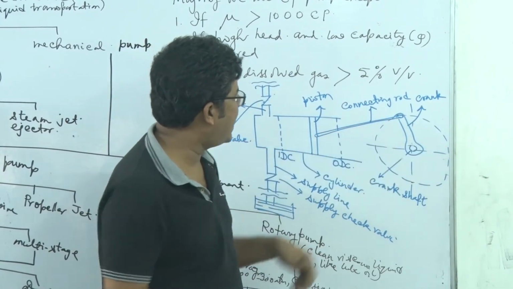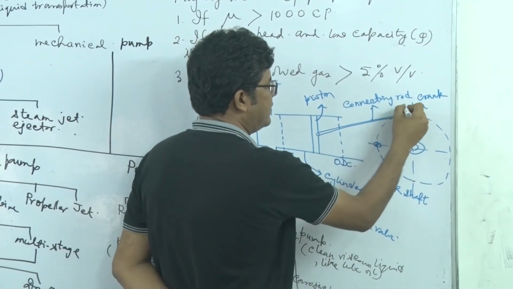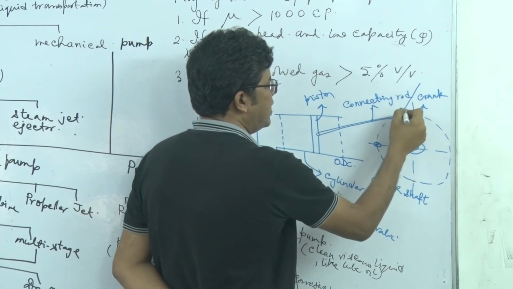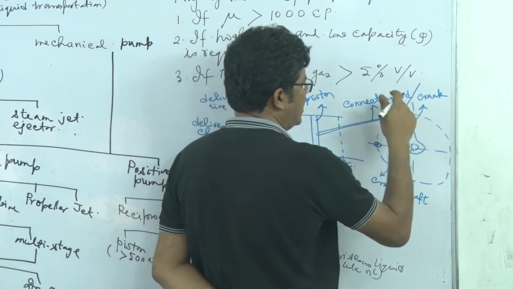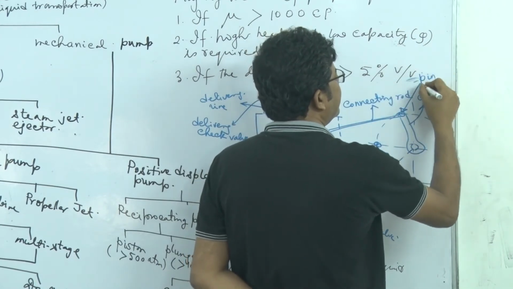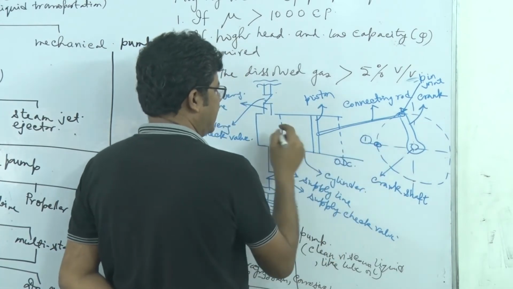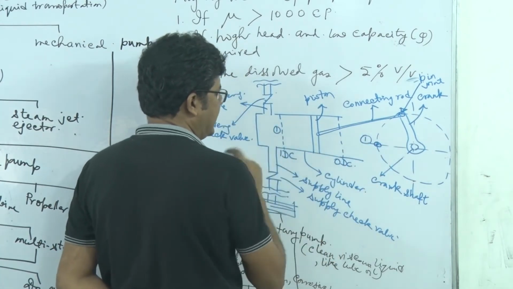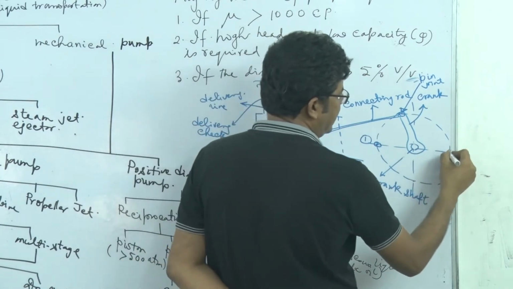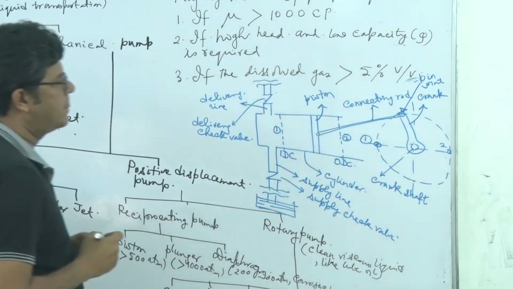This is the connecting pin, which connects the crank to the connecting rod. This is the pin joint. So when the pin is at position 1, the piston is at IDC, and when the pin is at position 2, the piston will be at ODC, right?